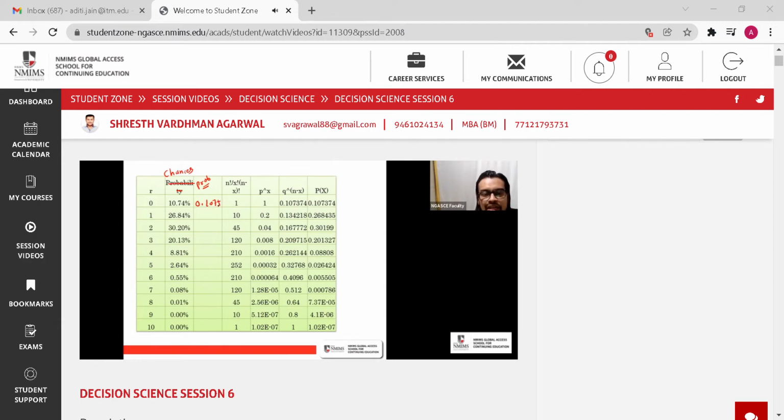Let's say he randomly tick marks the answers and none of the answers are correct. 10 times randomly he just tick marks the answers, and at the end of the day he found that he has scored 0 marks, meaning all the randomly tick marked answers are wrong. Chances are 10.74% with the binomial distribution.